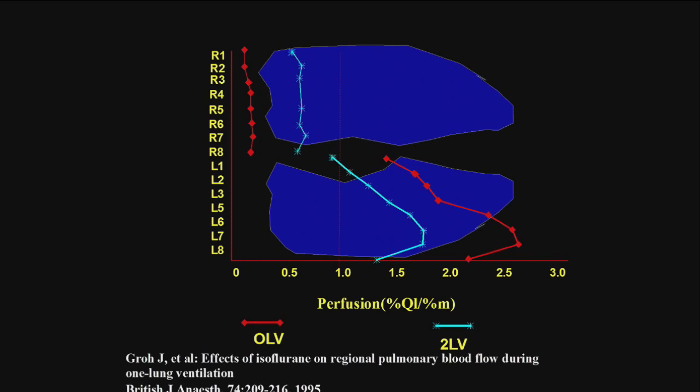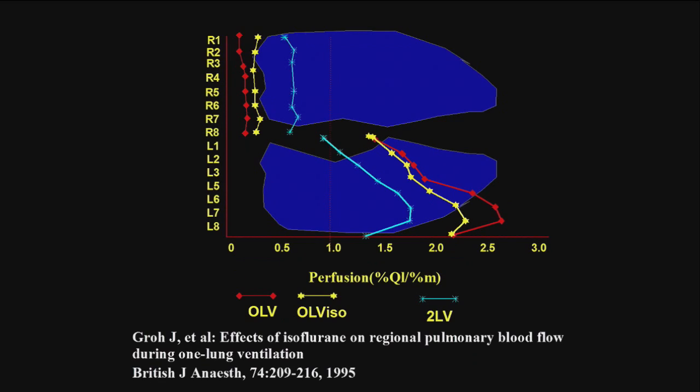This is the upper lung, this is the lower lung. They can look at exact slices of the lung and see the flow. If you go to one-lung ventilation, because of HPV, the flow goes down in the upper lung and increases in the lower lung. Now, if you add isoflurane to it, look, it shifts back the higher flow to the non-dependent lung and decreases the flow in the dependent lung.